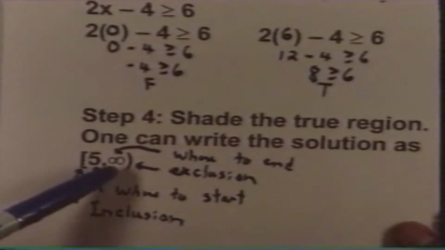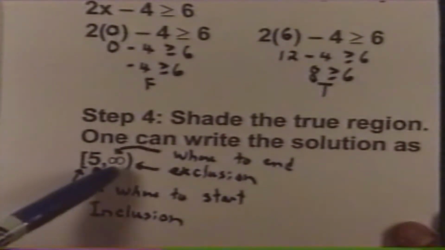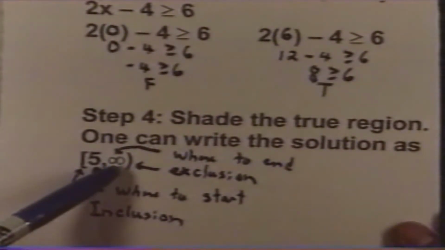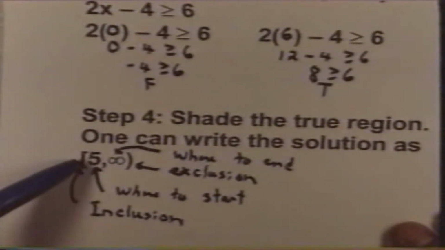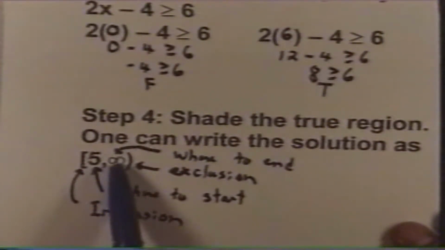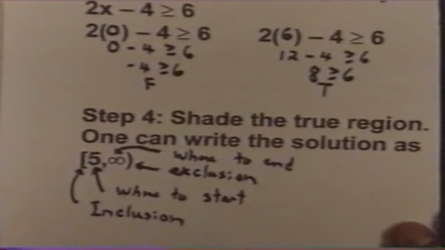Now infinity is not really a number, but this symbol says that you continue forever. So I start at 5, I continue forever, I do include 5. Now since there's no definite number here, obviously we can't have inclusion. So with infinity or negative infinity, you always have parentheses.